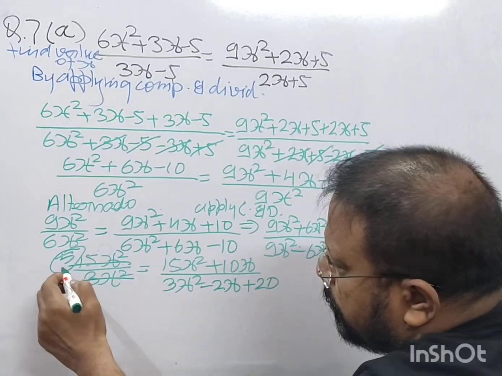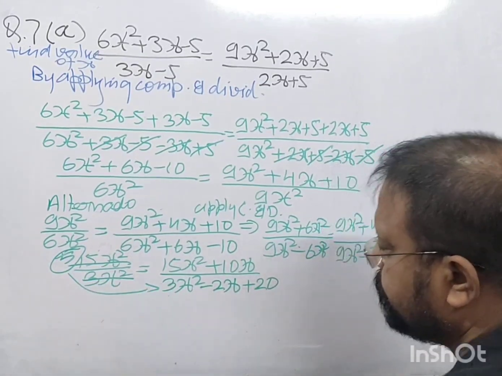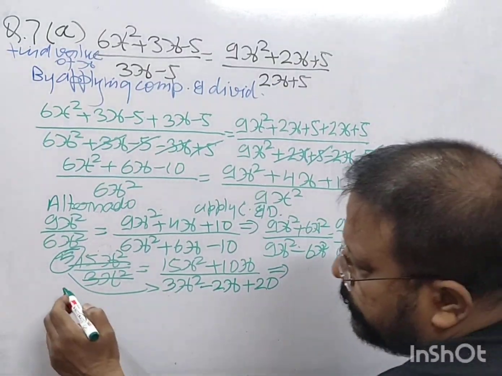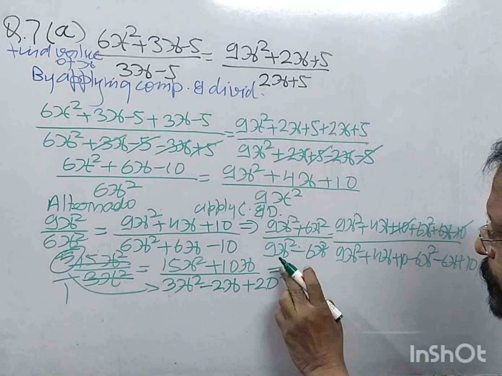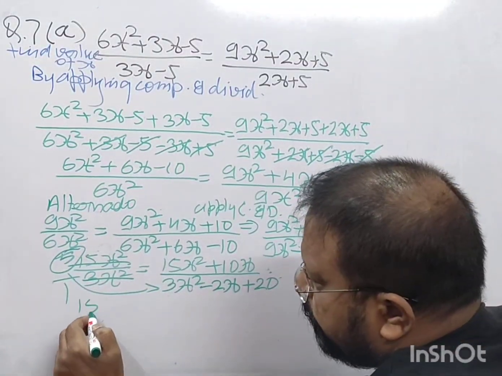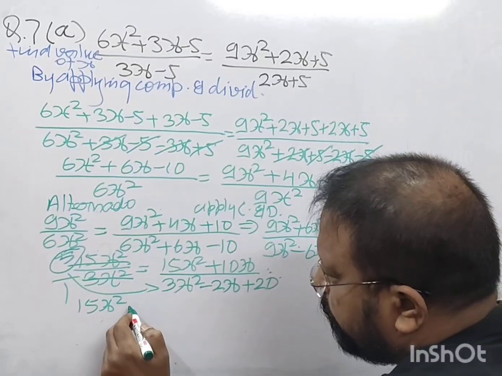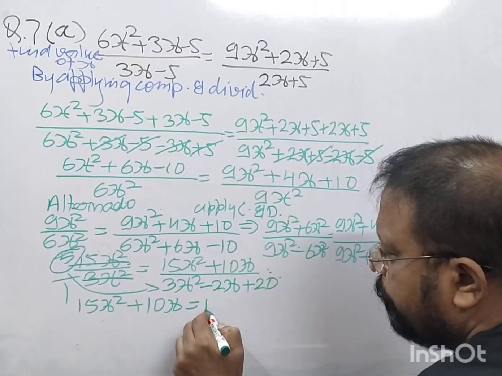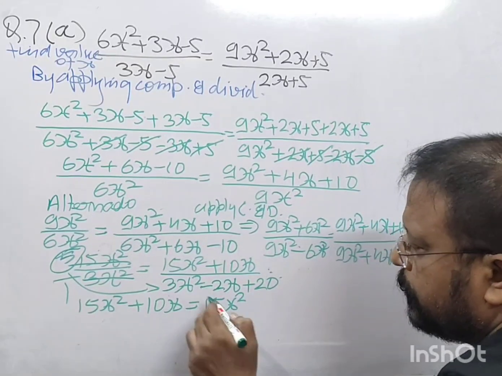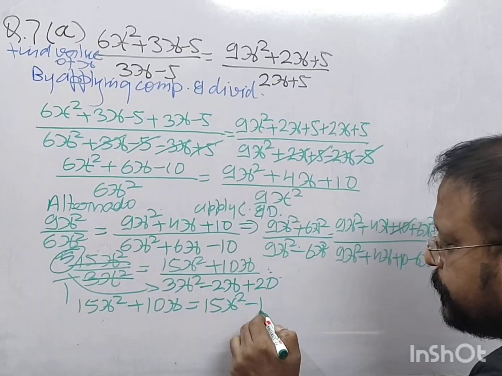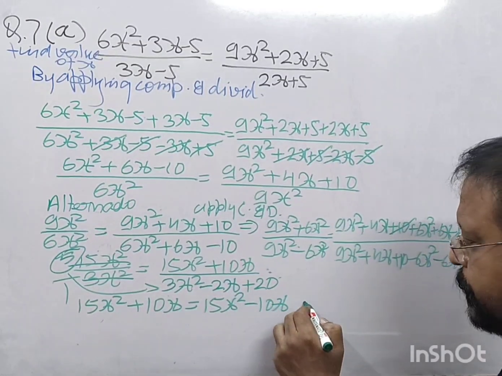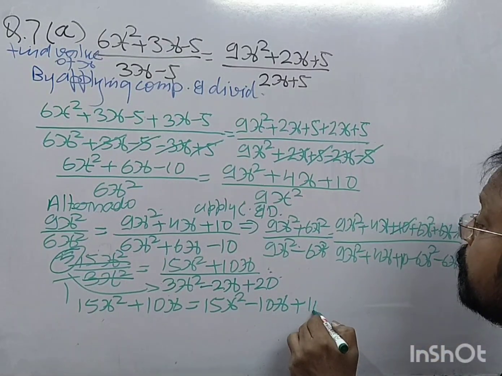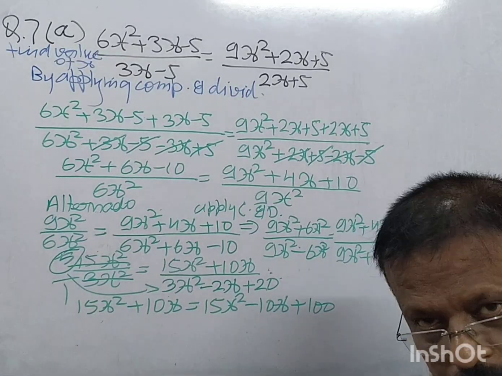So now you can write here 15x² + 10x is equal to 15x² − 10x + 100.